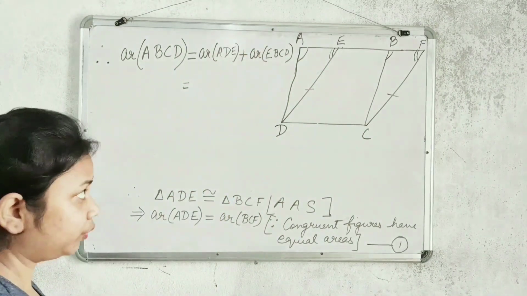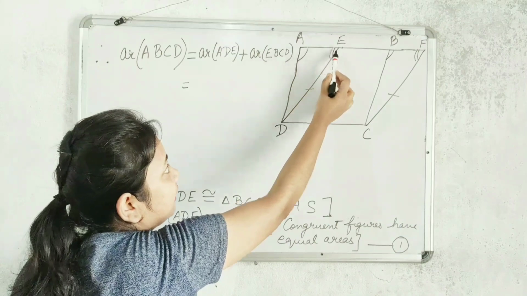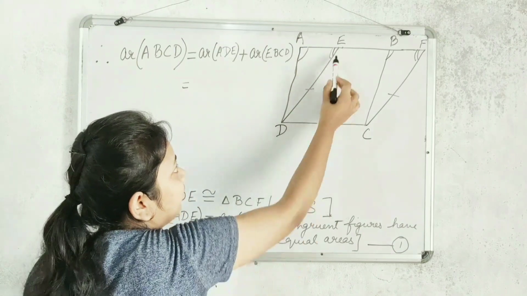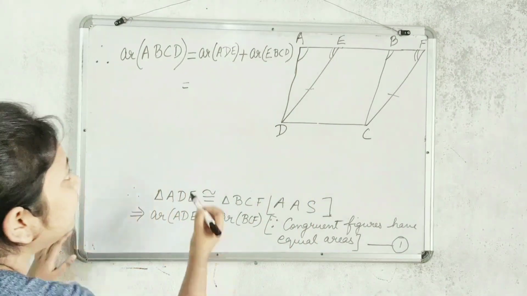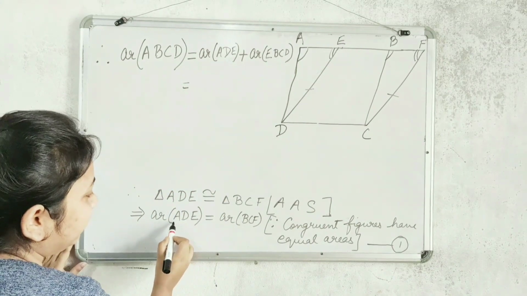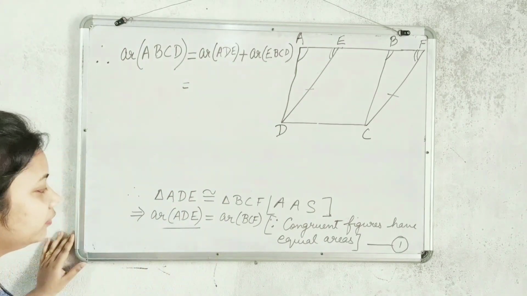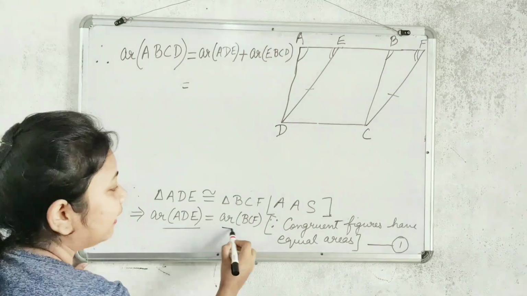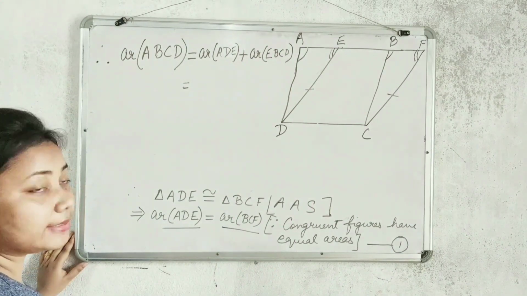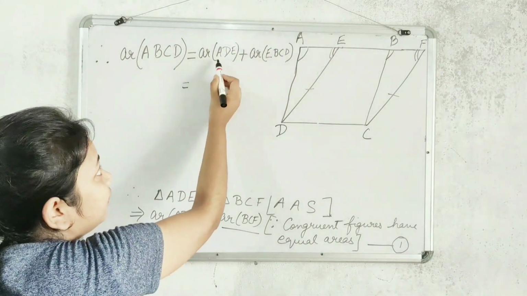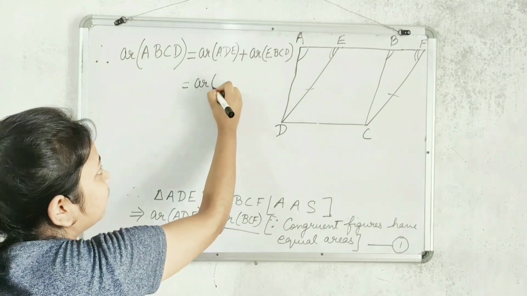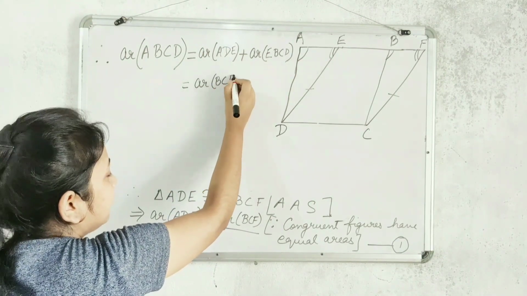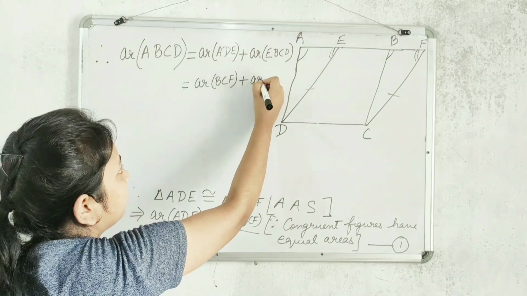From equation 1, area of triangle ADE and area of triangle BCF are equal, so instead of ADE let us write BCF plus area of EBCD.